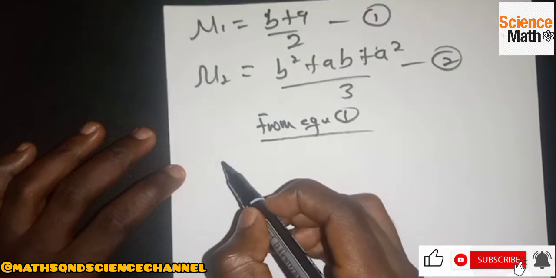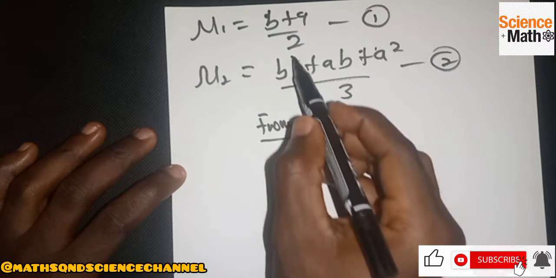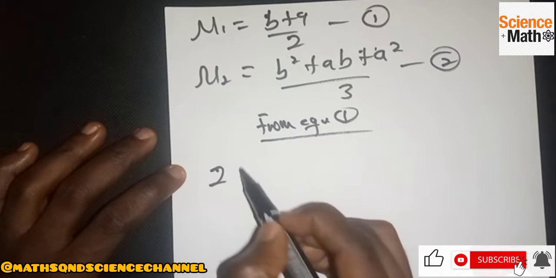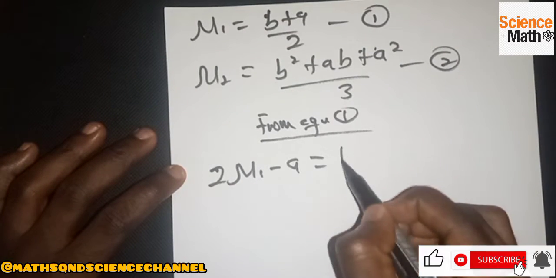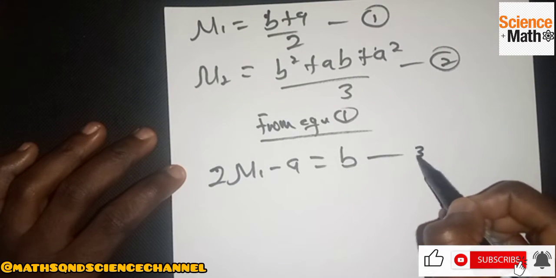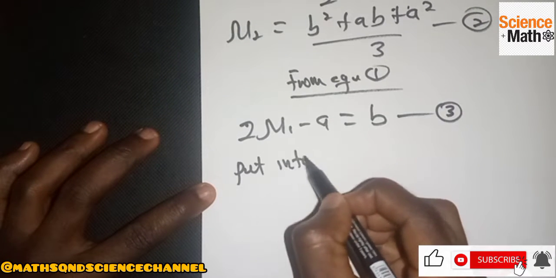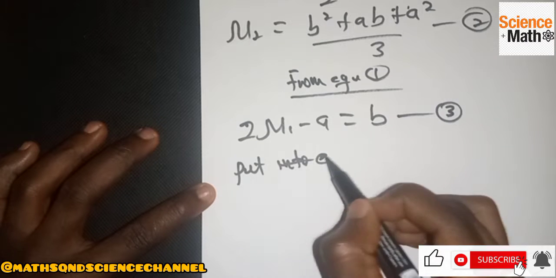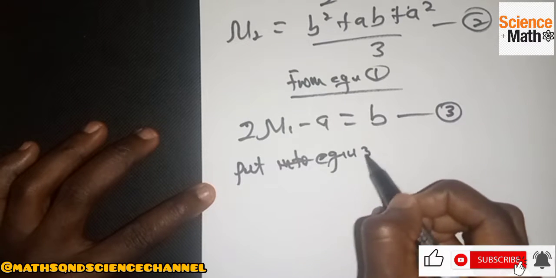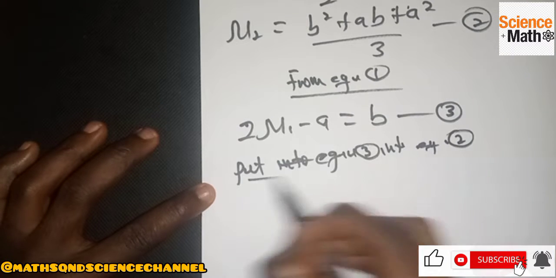So let's make b the subject there. So making b the subject, this 2 goes to multiply that. We have 2 mu1, and then this goes to the other side, minus a, being equal to b, and let's call this one equation 3. What we'll do next is just to put equation 3 into equation 2, right?